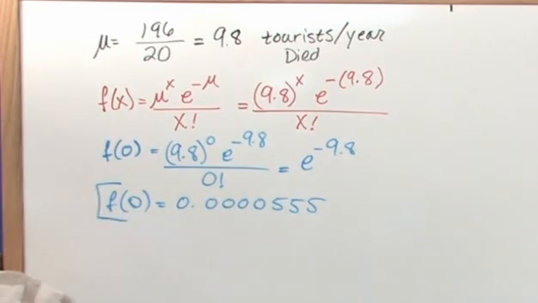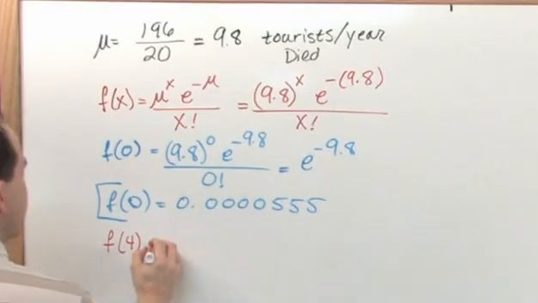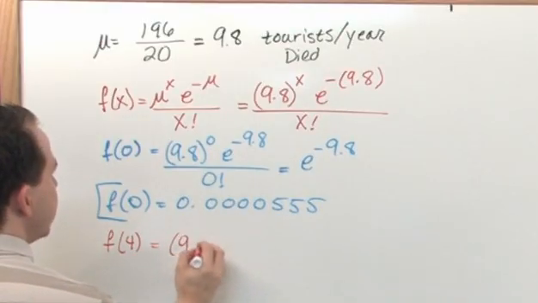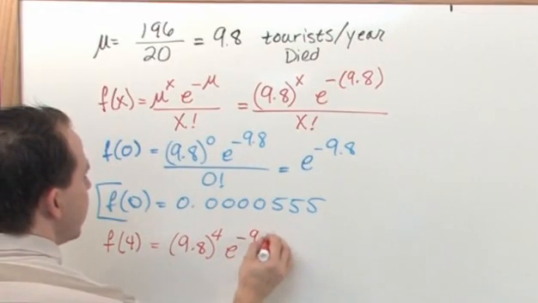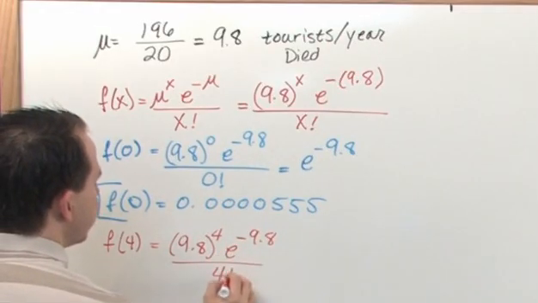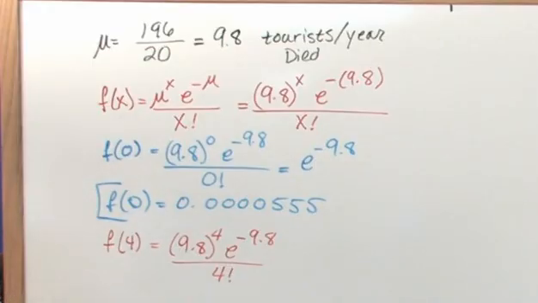So let's go ahead and just work the last part of the problem. What's the probability that 4 people die? You plug in x is equal to 4, and you'll get 9.8 to the power of 4 times e to the negative 9.8 divided by 4 factorial. Okay?